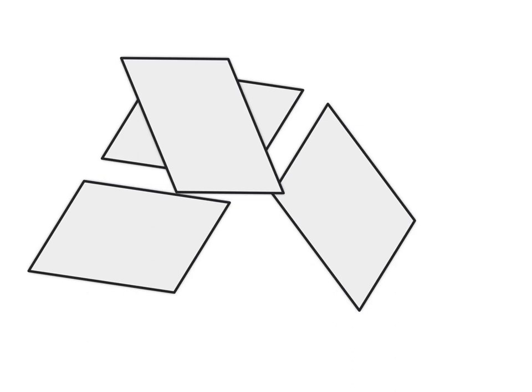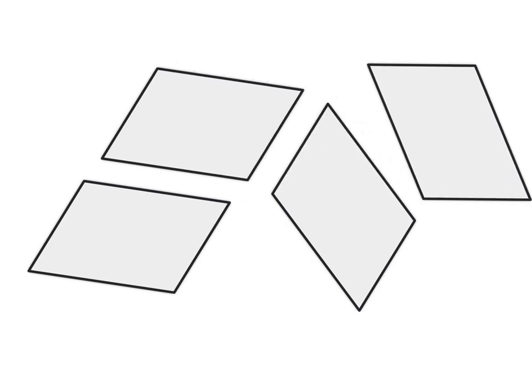So all four of these, I'll just move this one so it's easier to see, all four of these shapes are congruent. Same side lengths, same angles, same area, same everything. So two shapes don't have to be triangles in order to be congruent.